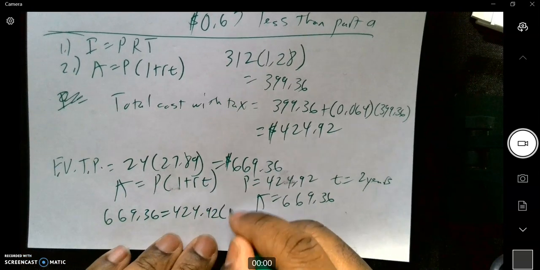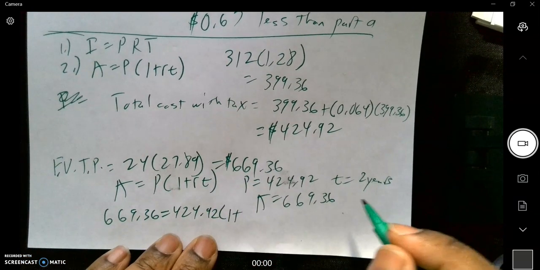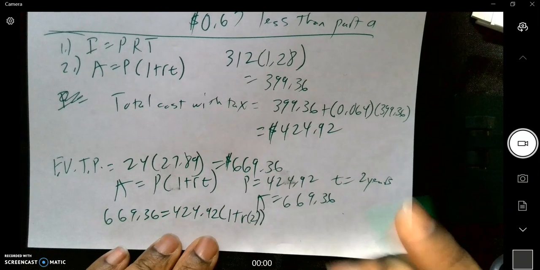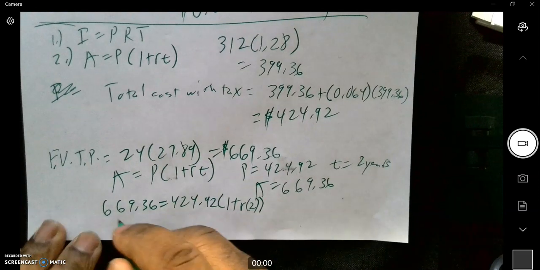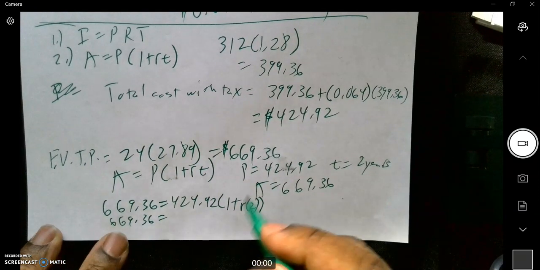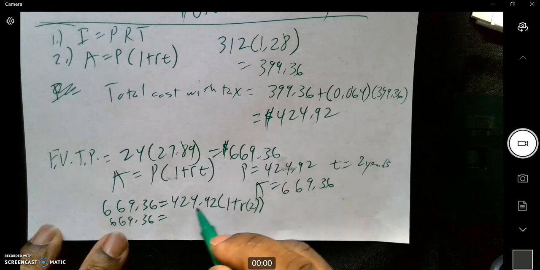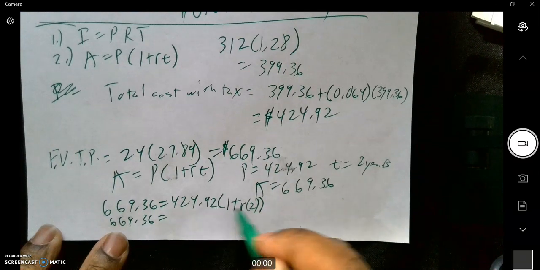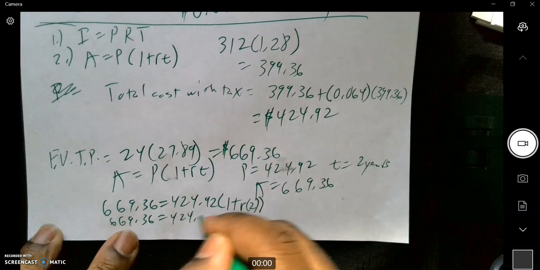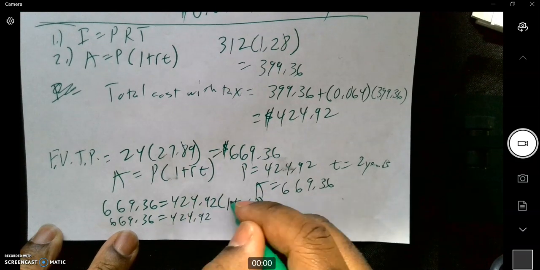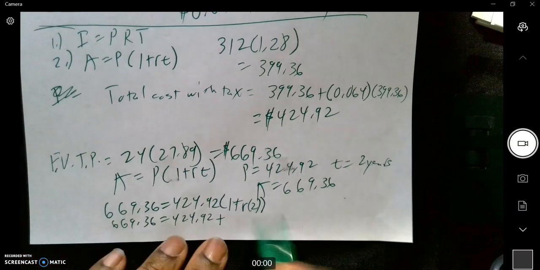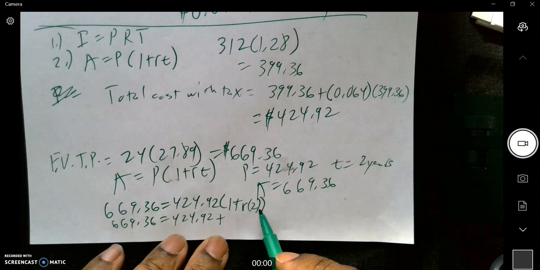And then we will have 1 plus our R we don't know, but we know our T is 2. So we have 669.36 is equal to, now we're going to multiply this 424.92 by both of these values. So it'd be 424.92, because this times 1 will give you the value, plus, now we know R times 2 is really 2R.